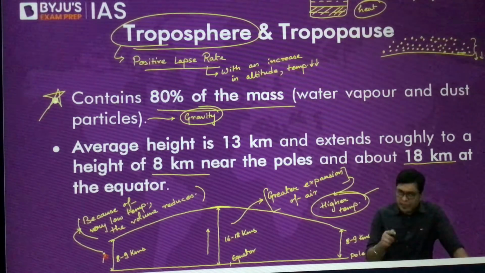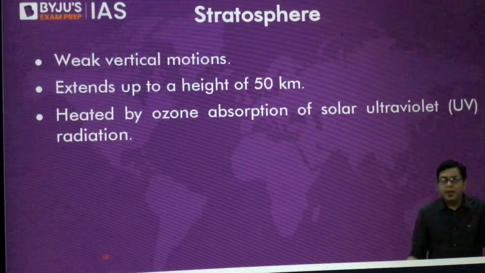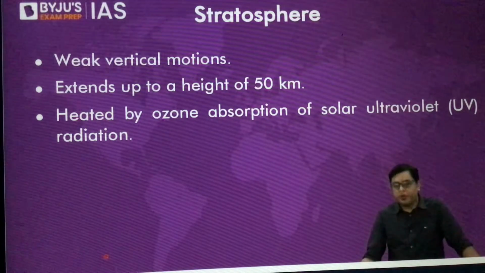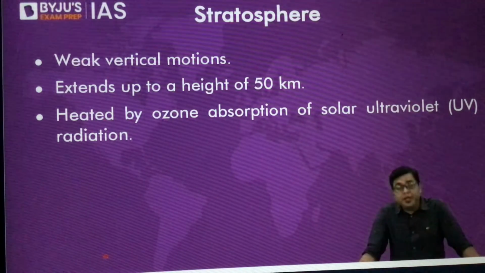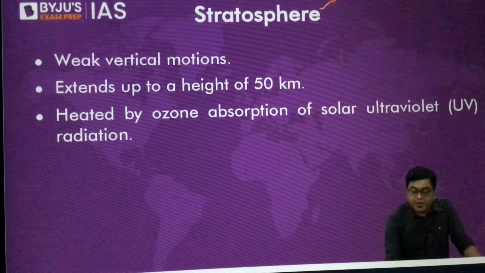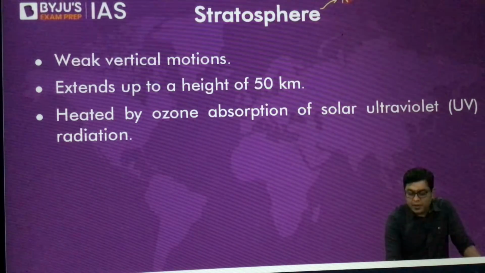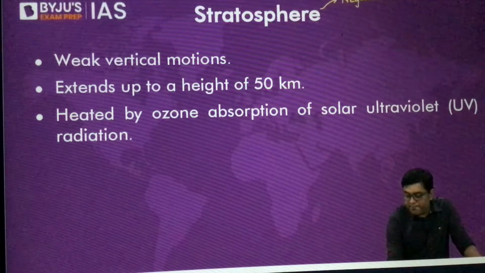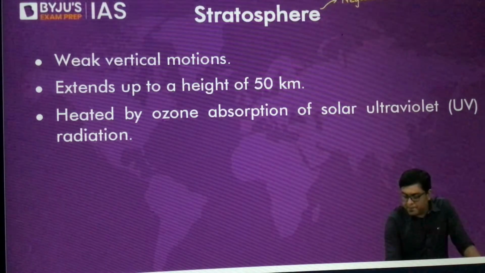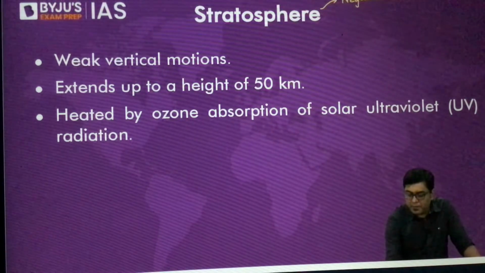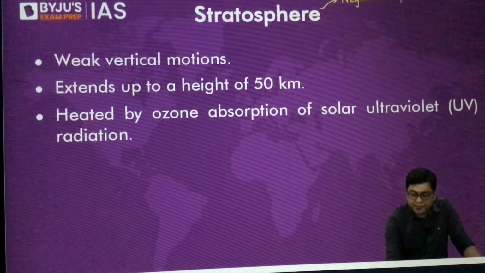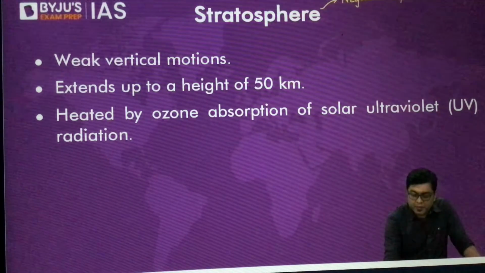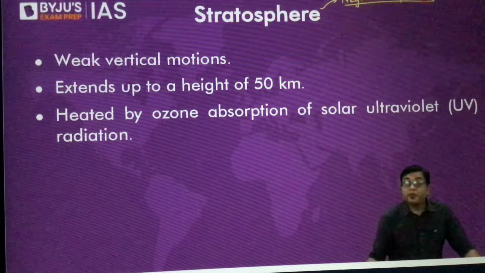Now, we'll look at tropopause as well. But before that, looking at the stratosphere. Stratosphere is a region where you observe negative lapse rate. Here you observe negative lapse rate. Which indicates what?